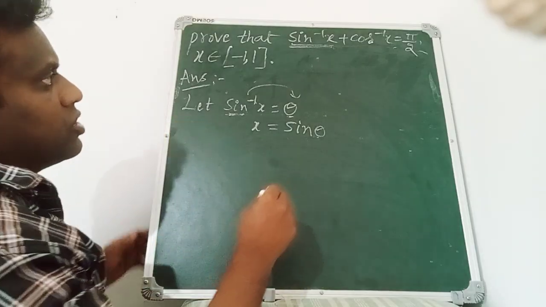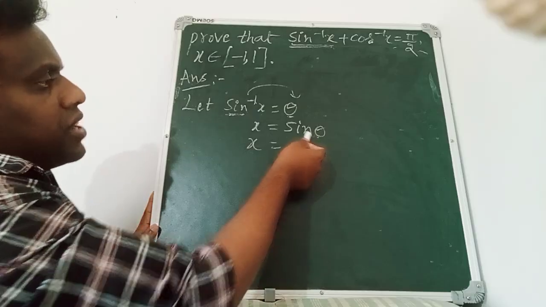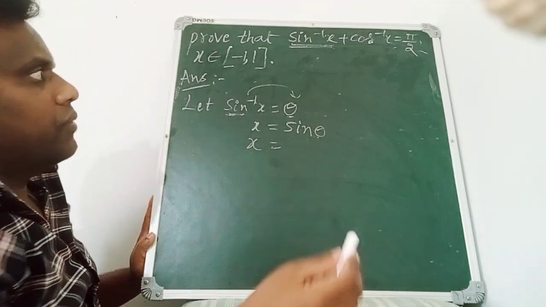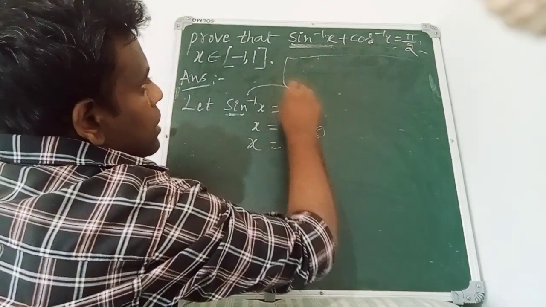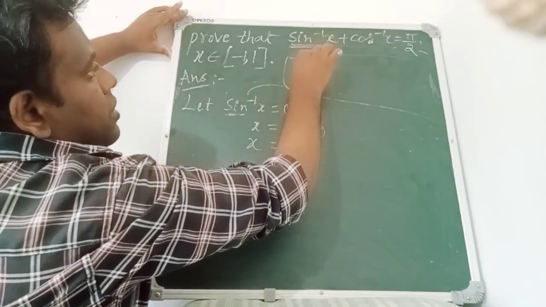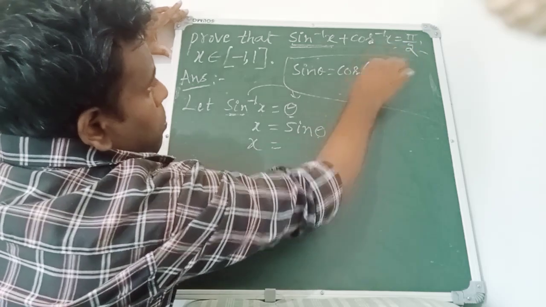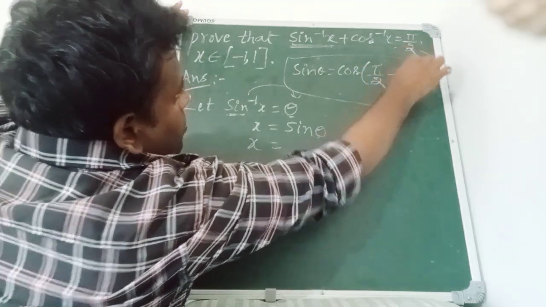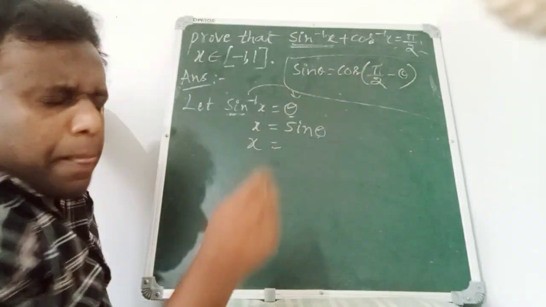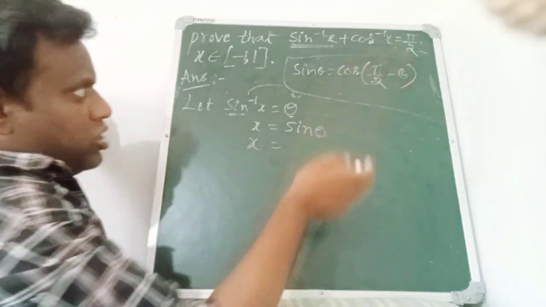Okay. So next step, write x is equal to, and in place of sine theta I will write something. For that we will use a formula. I will write that formula. This formula you have to remember. See, sine theta is equal to cos of pi by 2 minus theta. Sin theta is equal to cos of pi by 2 minus theta.